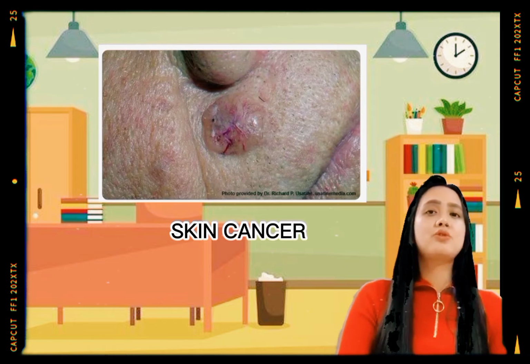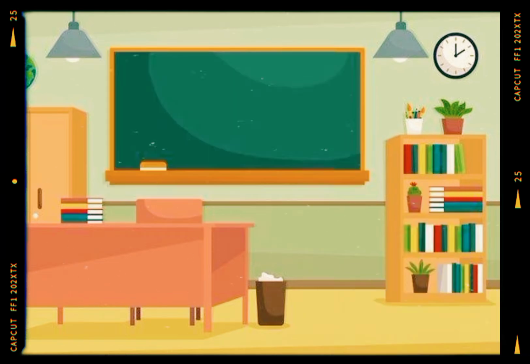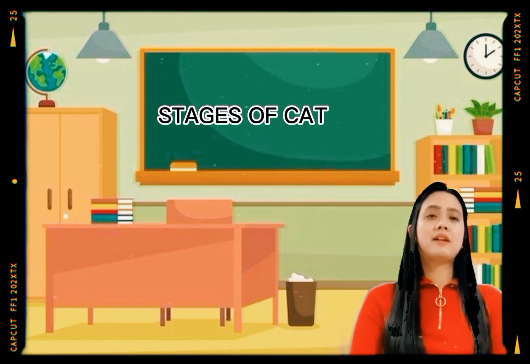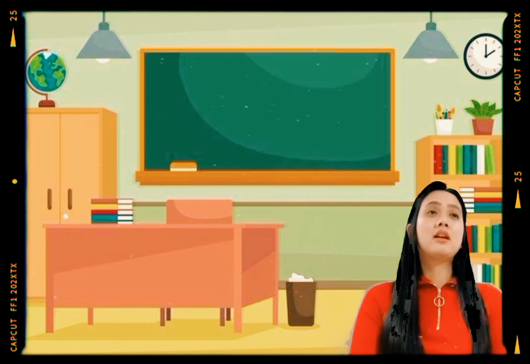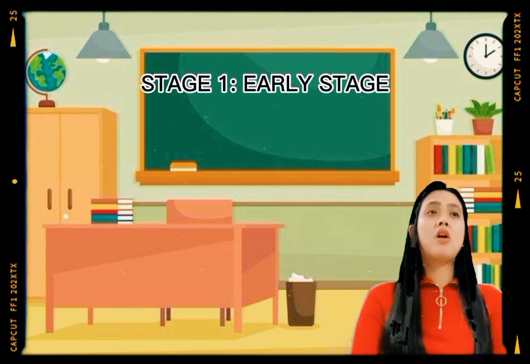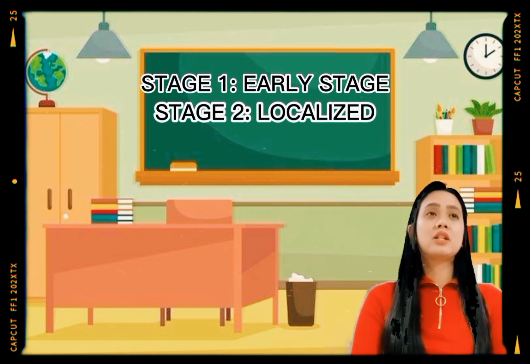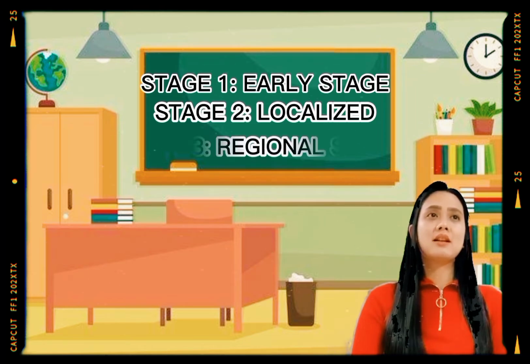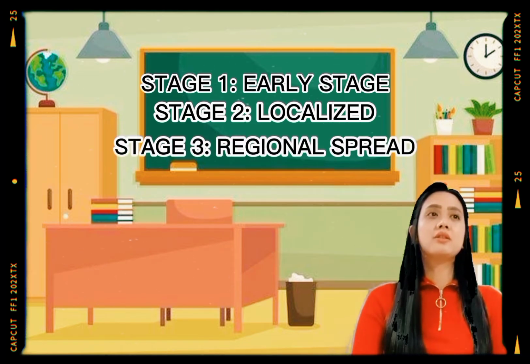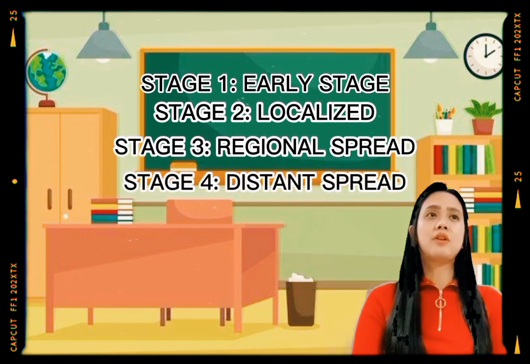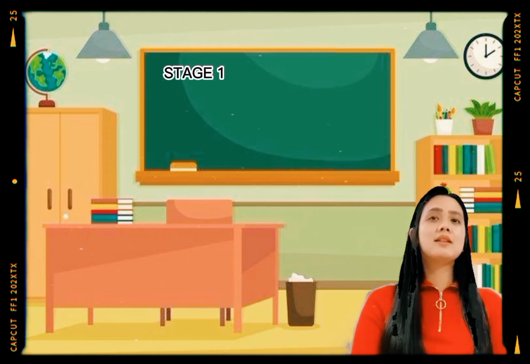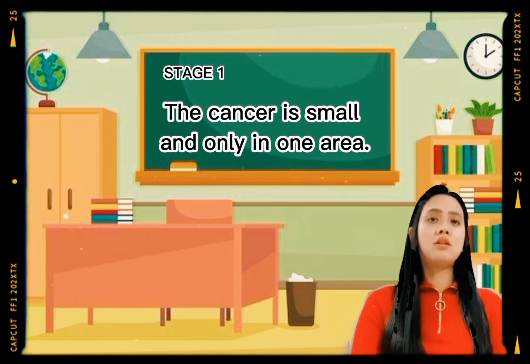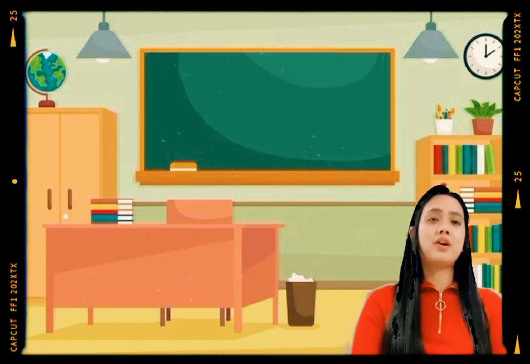And now we will proceed to the stages of cancer. We have here 4 stages of cancer: stage 1, the early stage; stage 2, the localized; stage 3, the regional spread; and stage 4, the distant spread. In stage 1, the cancer is small and only in one area.